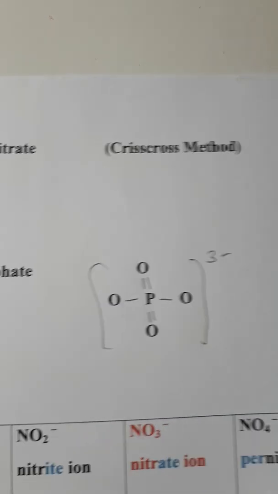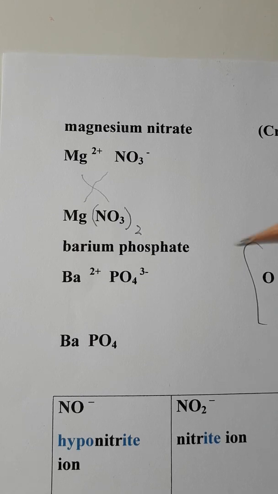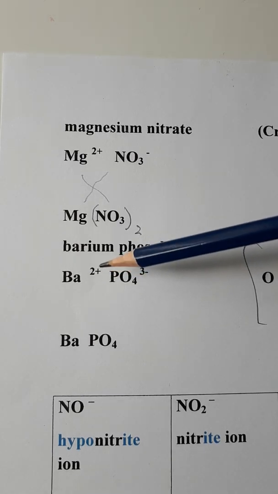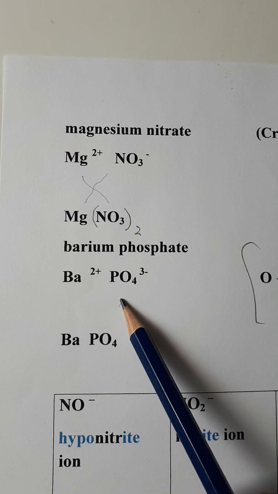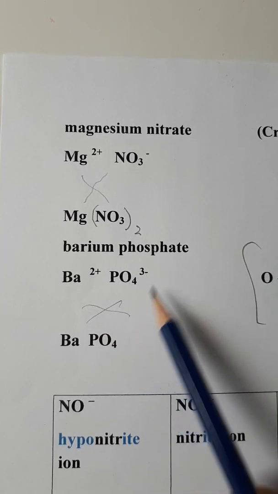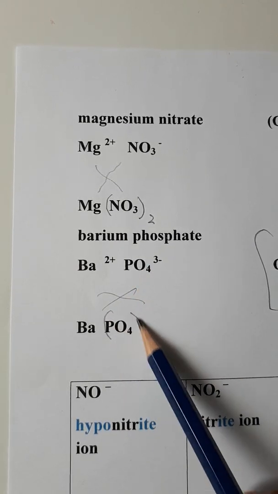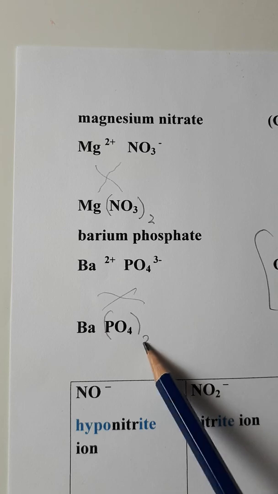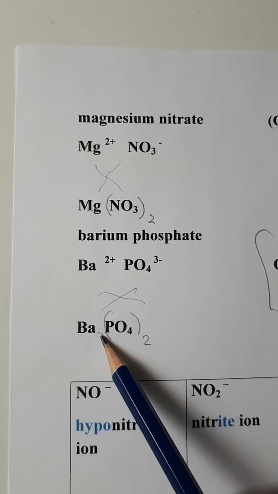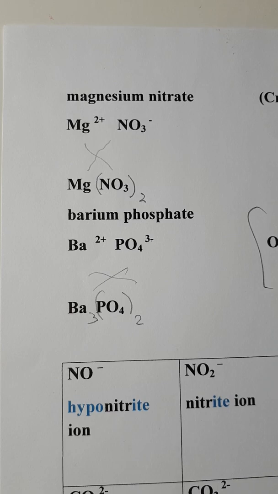So how to make a chemical formula with phosphate? Again, barium is in group 2, it is Ba2+. So again we put a cross. And phosphate, since it's a complicated ion, we have to put a bracket and then put this 2 here, and these 3 going down here. So that's the formula for barium phosphate.